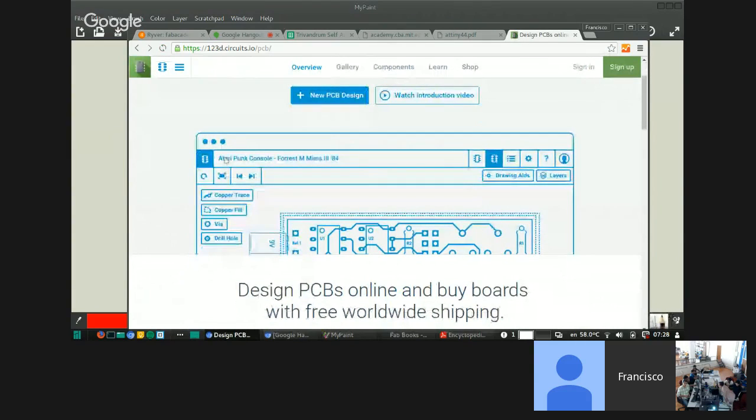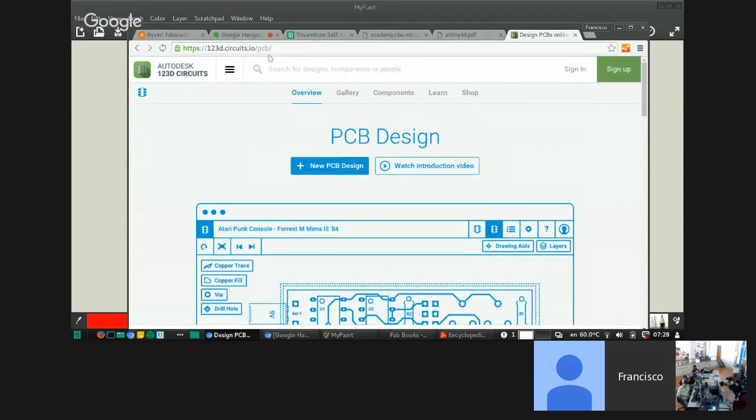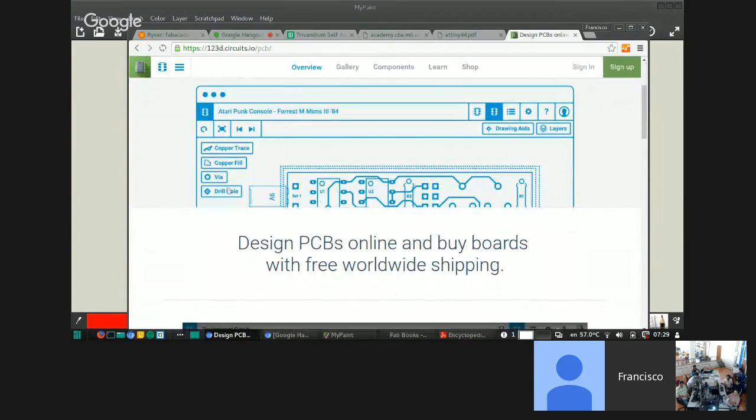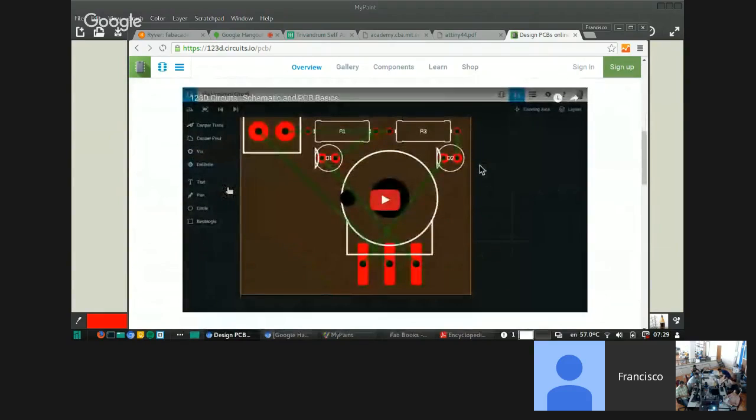For me, that would be the only way to experiment and try different things. I haven't experimented a lot with simulation, but Sibu, have you tried these 123D Circuits? No, I haven't tried 123. I think Yadu and Nadeem have tried.